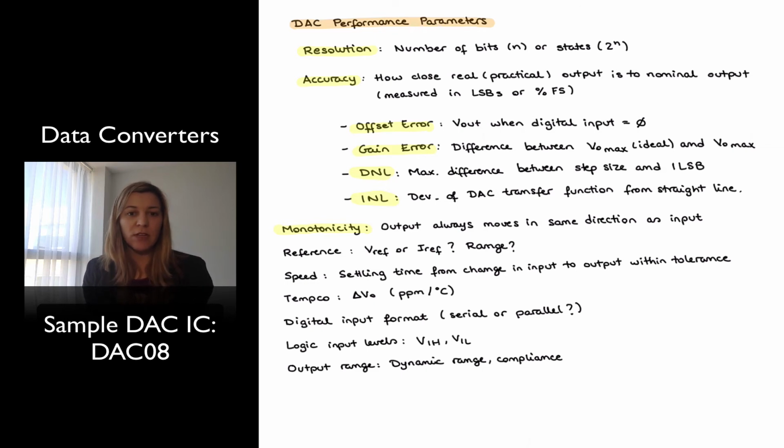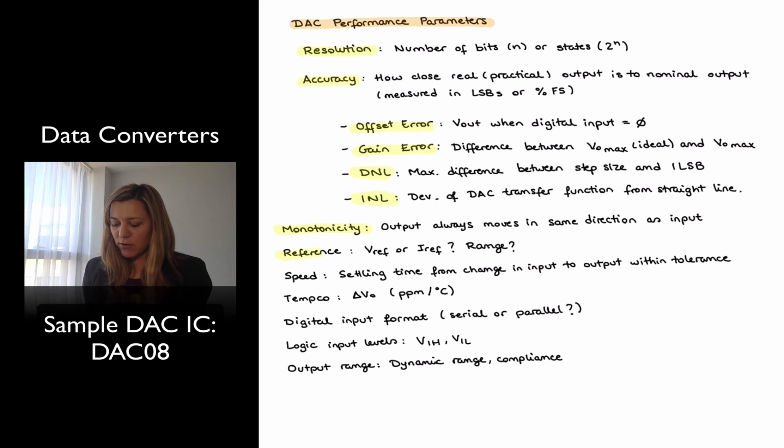You can see that if you have large errors, let's say large errors in differential nonlinearity, you could run into situations where a DAC will not be always monotonic, which will cause data losses and basically an error in the output. And so it is important for a DAC or an ADC to be monotonic, that the output always increases for increases in the input, and always decreases for decreases in the input.